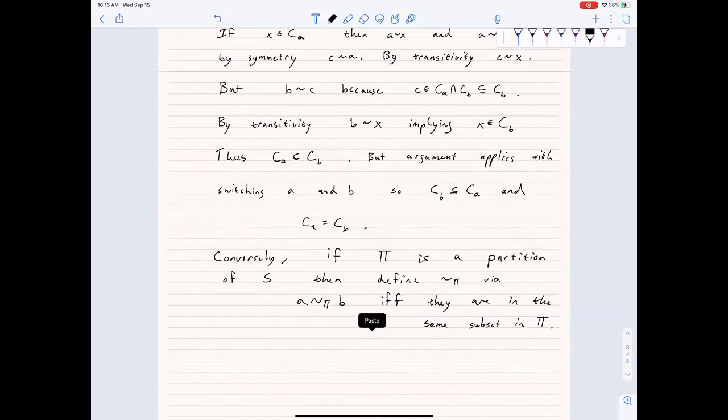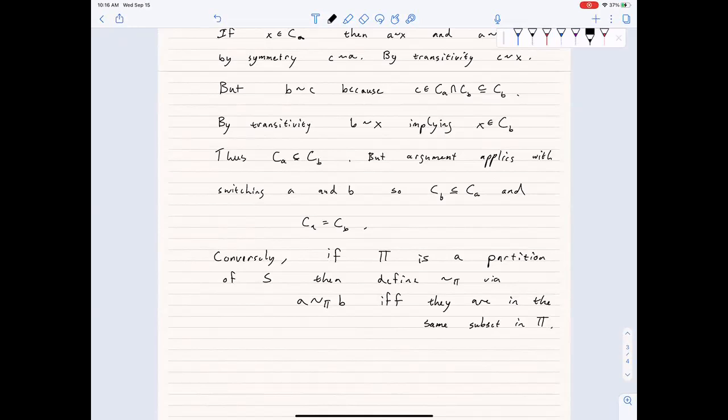Does transitivity apply? Well, that does follow from the fact that it's a partition. Maybe the point is it's well defined because it's a partition. Transitivity applies because, if Mary and Jane, neither of which are in this class, were in the same group, and Jane and Billy are in the same group, then Mary and Billy are in the same group.